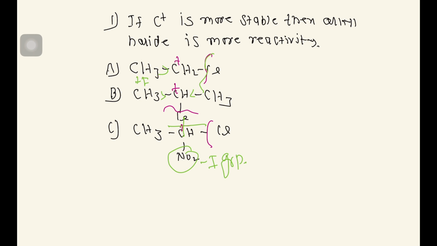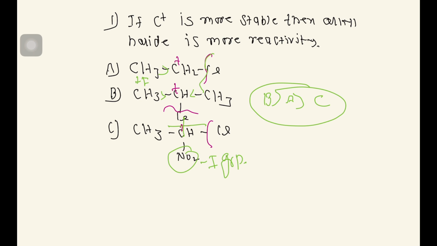So we can say alkyl halide is more reactive. So we can write here order of reactivity of alkyl halide. Which one is more reactive? So here we can say B, after that A, and last C. This is order of reactivity of alkyl halide.